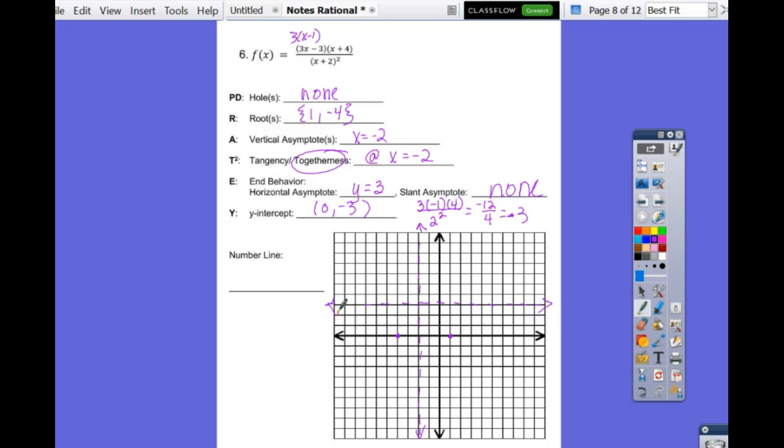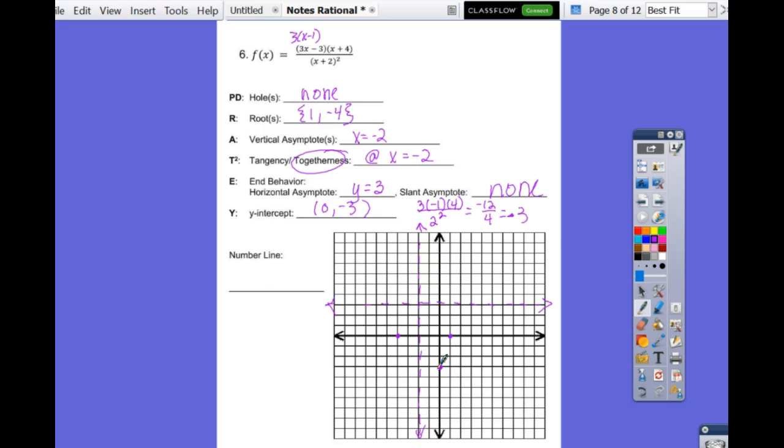I don't have a slant asymptote. I have a y-intercept of 0, -3. Okay, so is that all the stuff? We've got it all on there now?